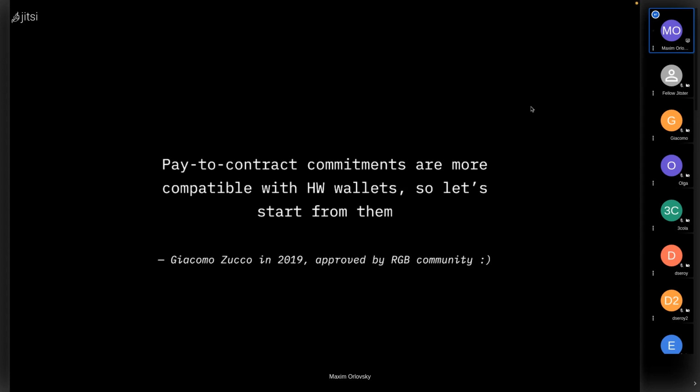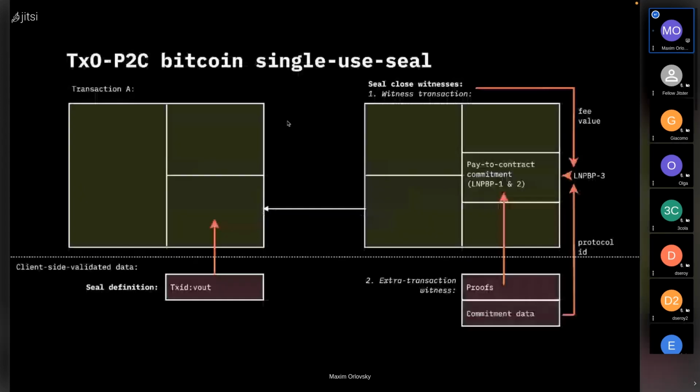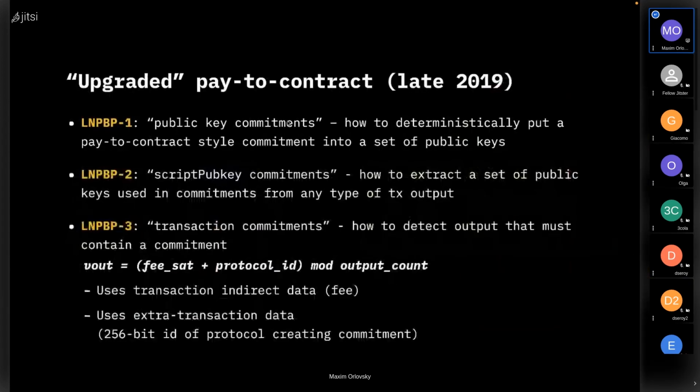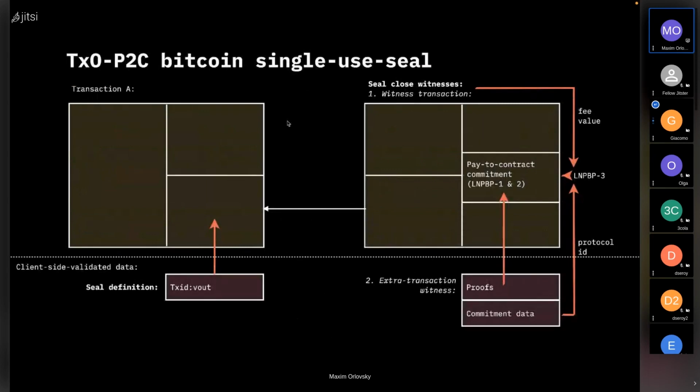It was Giacomo Zucco in 2019, and it was approved by all of us. Giacomo, thank you for all of that. Now we have all that headache. Yeah, I can add that the reason you are mentioning is the true reason, the reason which is correct. I also have an incorrect reason.